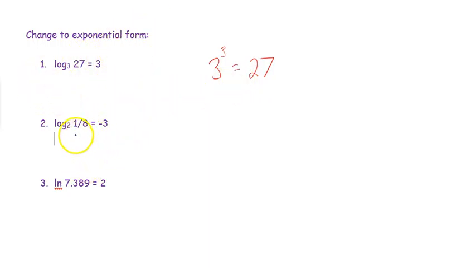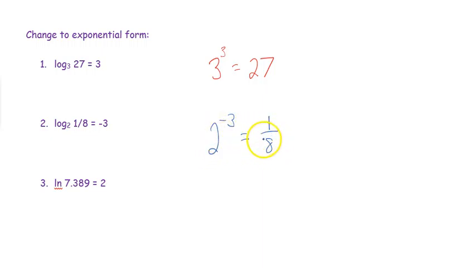Okay, for example 2. Again, I want to locate my base first, which will be 2. My exponent is what is over here to the right of the equals mark, so it'd be a negative 3. And then my answer to my exponential would be the 1/8. And again, this makes sense because 2 to the negative third, the negative means we're moving to the bottom of the fraction. The cube part, 2 cubed is 8.